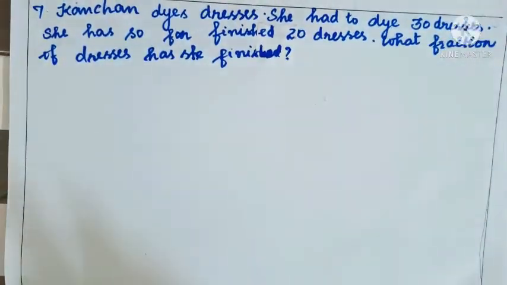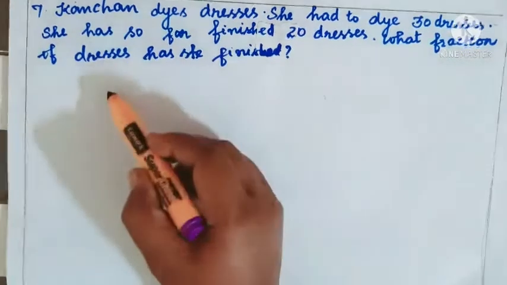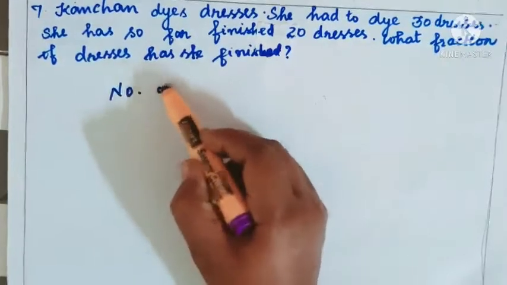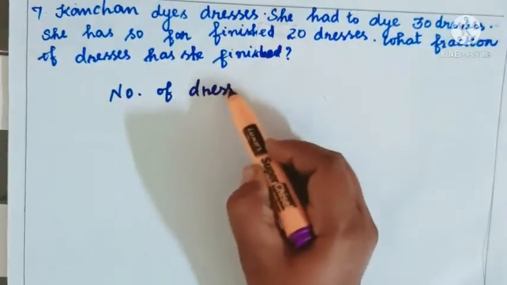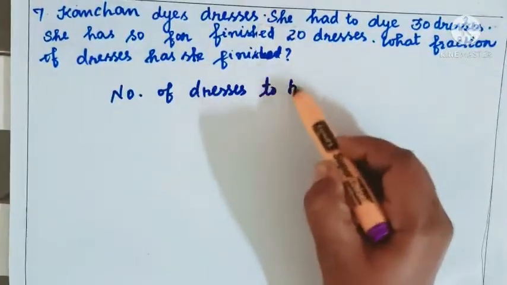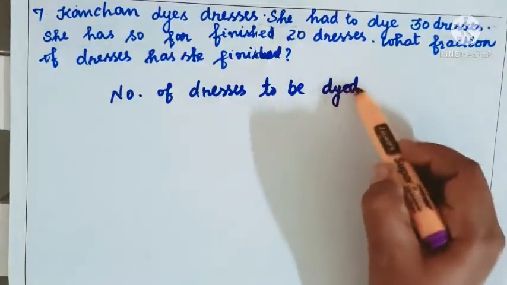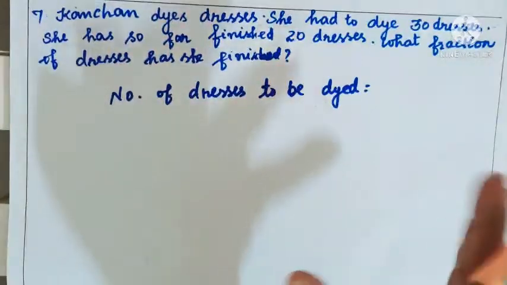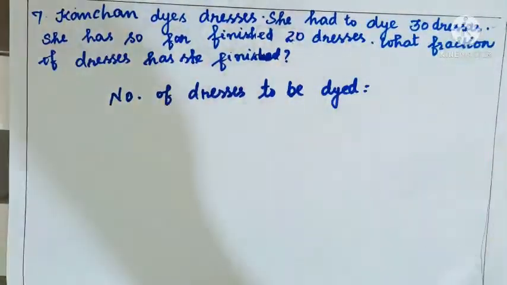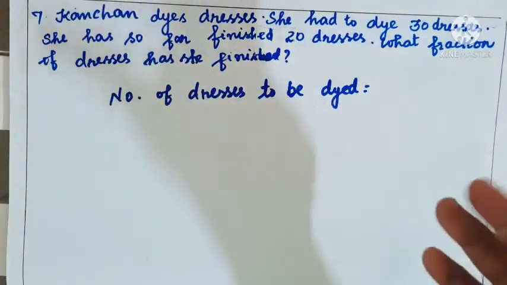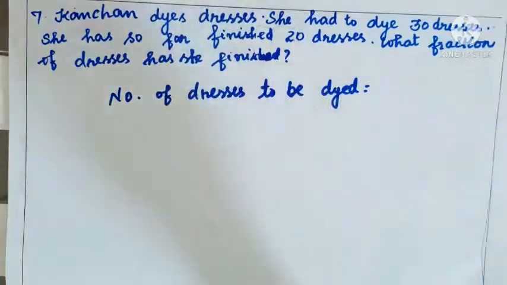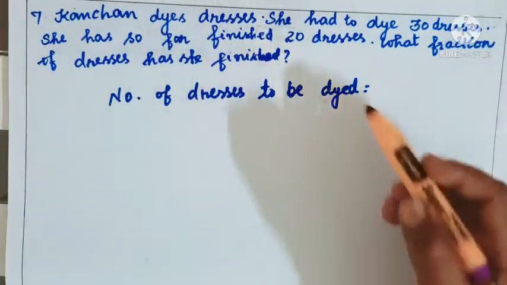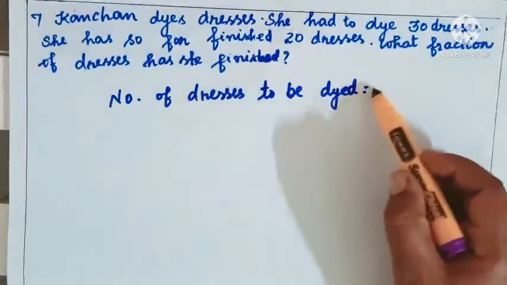So that is the first step you are going to write: number of dresses to be dyed. Dyeing, isn't it? They are putting print and designs on the dresses. That is dyeing. Or dipping, whatever color you want, you can dip that white cloth in that color and it will change. Okay. So number of dresses to be dyed is 30.